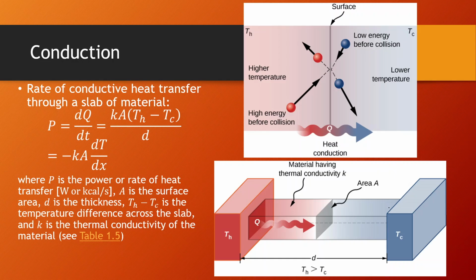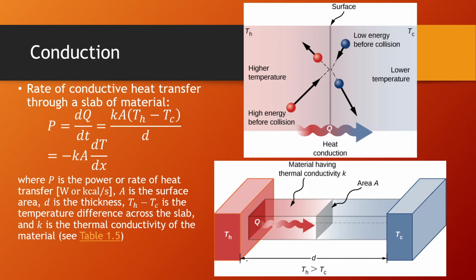So here is another way to look at it. We have two slabs of material, hotter material and colder material, and heat going from hot to cold. The temperature is shown here as well. The hotter temperature, TH, is greater than TC. We have some distance between them. I'm sorry, the thickness.